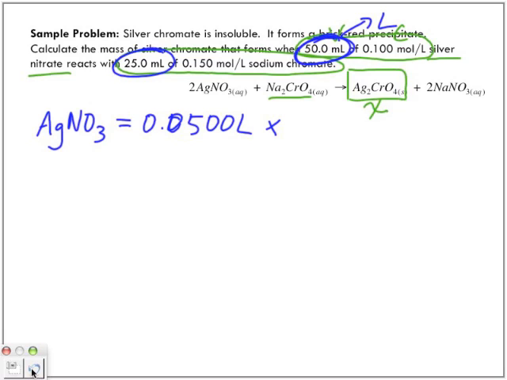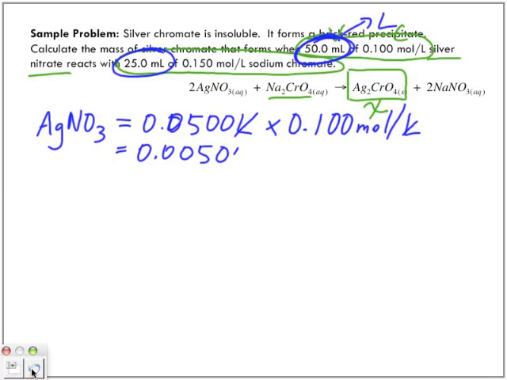We're going to multiply that by the concentration, which is 0.100 moles per liter. Liters cancel out, and I'm left with 0.00500 moles.